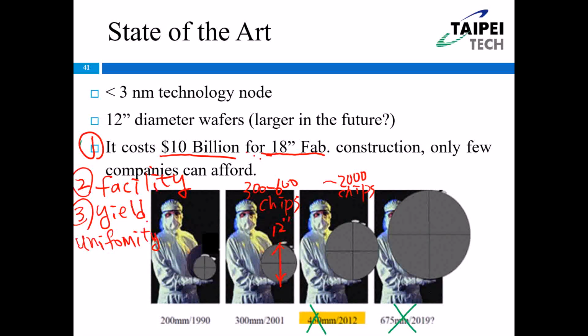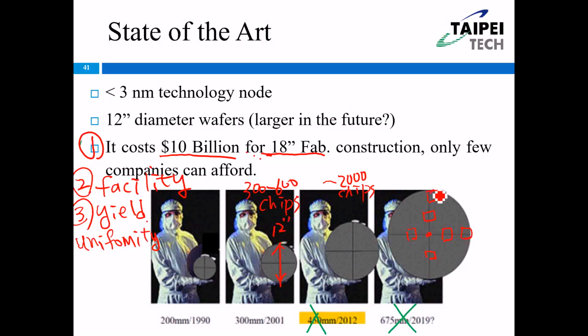For example, usually for the chip in the center of the wafer, this one must be the best chip. The performance will be the best when the chip is in the center. Maybe the chip here is okay, it's good, but the worst chip is here.